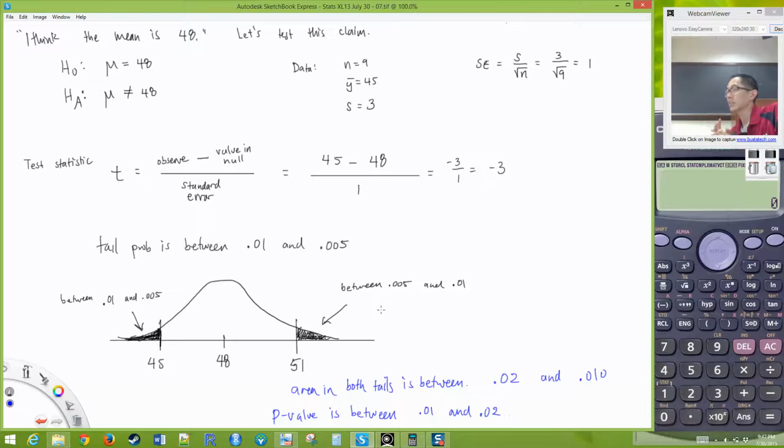It could be. Yeah, so I don't know if you have an opinion, but the general consensus that has built up over time is that if it happens by random chance less than 5% of the time, we're going to say probably my null hypothesis is wrong, and I'm going to conclude that my null hypothesis is wrong. And the rule of thumb is also that if it happens more than 5% of the time by random chance, then we won't reject the null hypothesis.